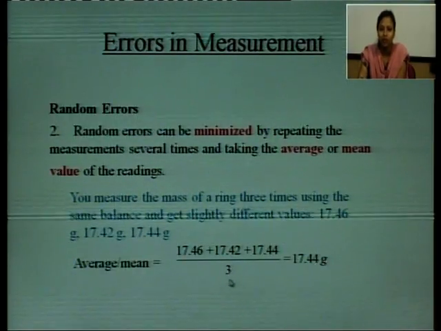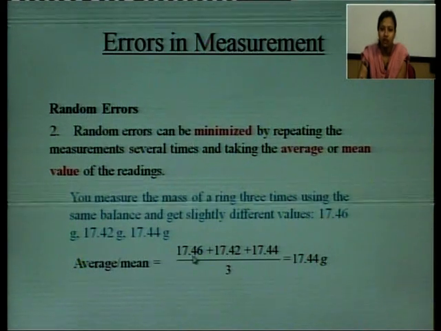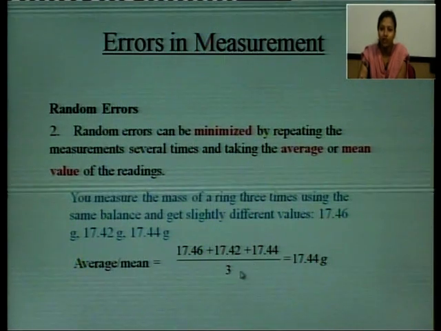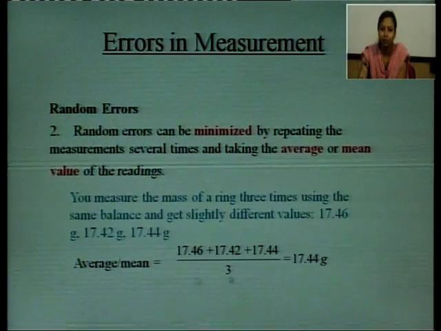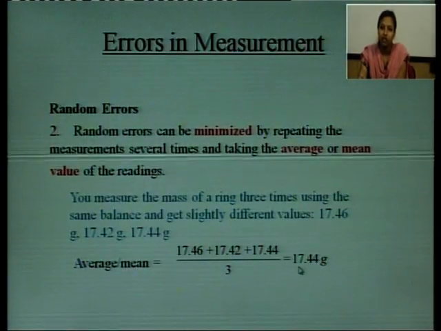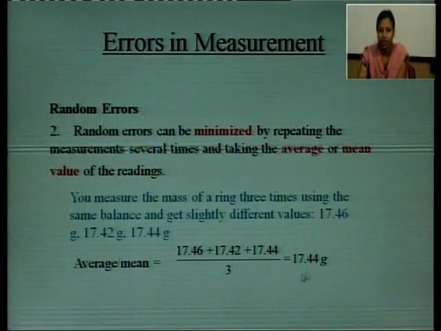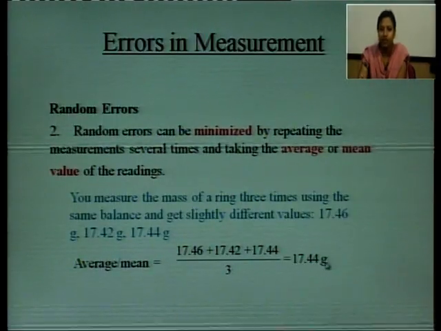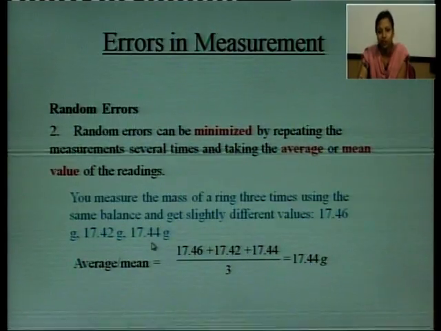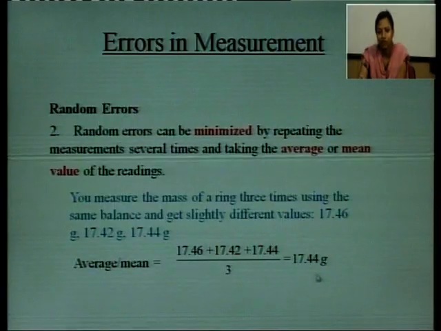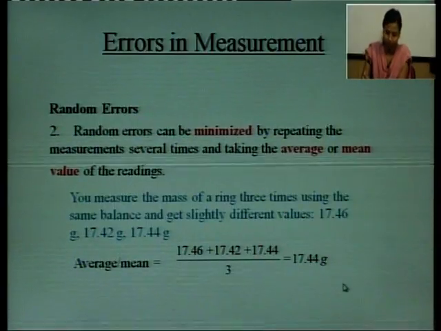Here the number of measurements is 3, so the sum divided by 3 is equal to 17.44 gram. This is the average or mean value. So we can easily find the error involved in the first, second, or third measurement by subtracting from the mean value.